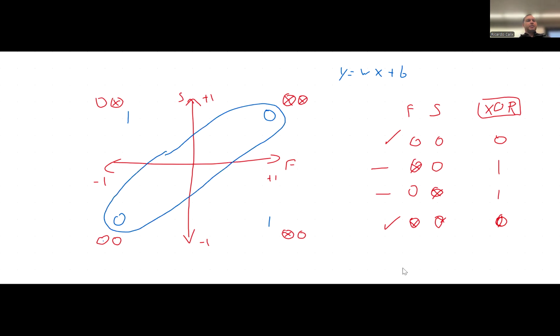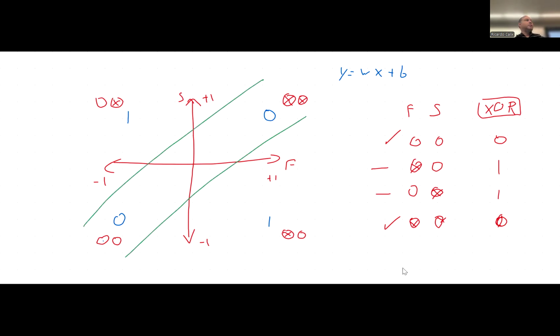Another way of visualizing this is to imagine that you're building multiple lines. You see that? And then that would allow you to separate these from these with zero error, essentially. So that's your goal, but just a simple straight line will not be able to separate with zero error, okay?